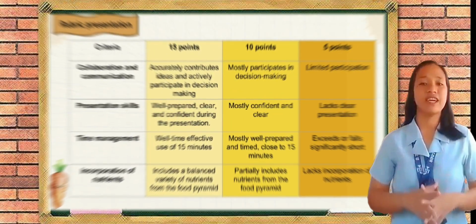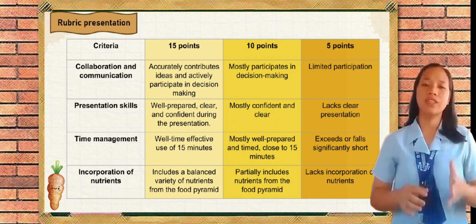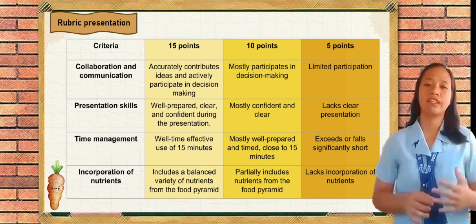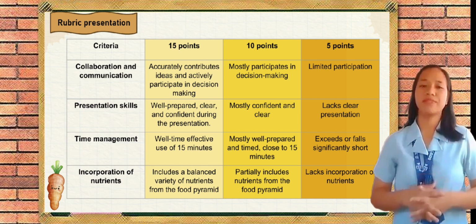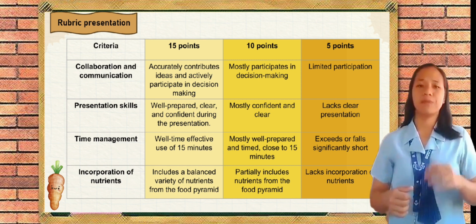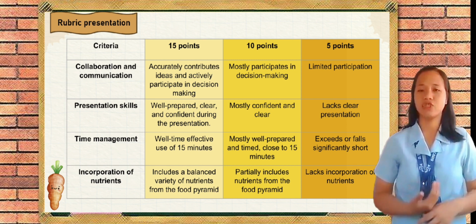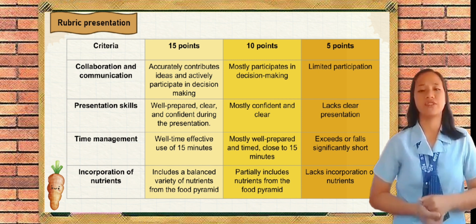For the criteria, we have collaboration and communication: 25 points if you accurately contribute ideas and actively participate in decision making, 10 points if you mostly participate in decision making, then 5 points for limited participation.